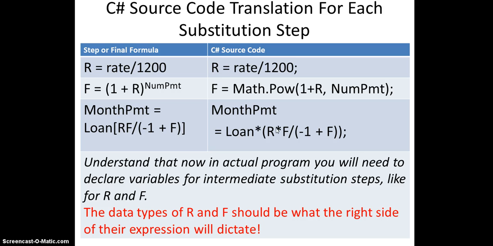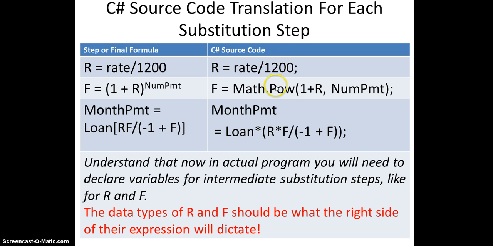That's a huge mistake generally when translating from a math formula to a C sharp formula. Forgetting the asterisk is a major problem. Okay. So in the actual program, before we write this expression, R has to be declared. Before we write this expression, F has to be declared. Before we write this expression, month PMT and loan have to be declared.